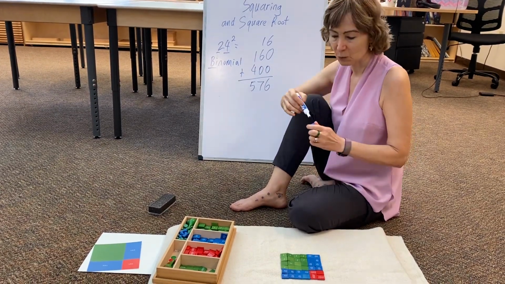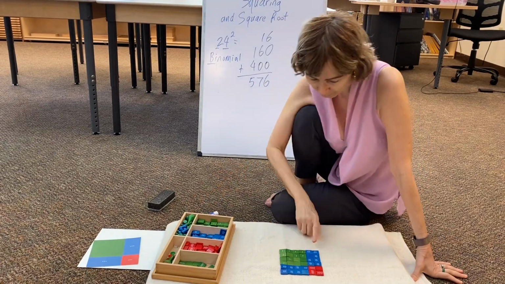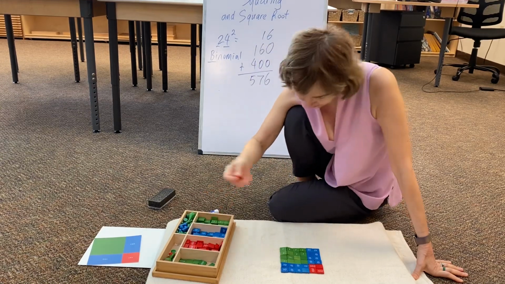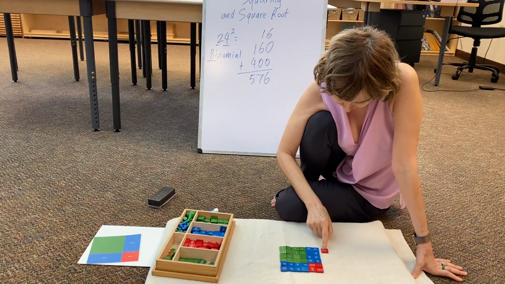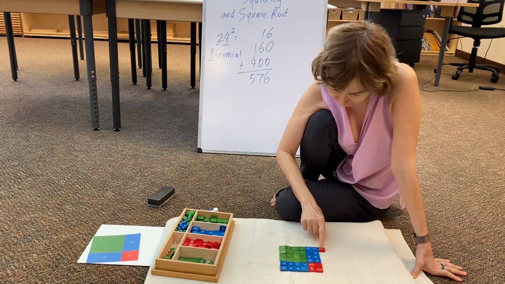What if we want to square a trinomial? All right, so I'm going to turn this into a trinomial. Let's add 100 here, and I'm going to make it 124.